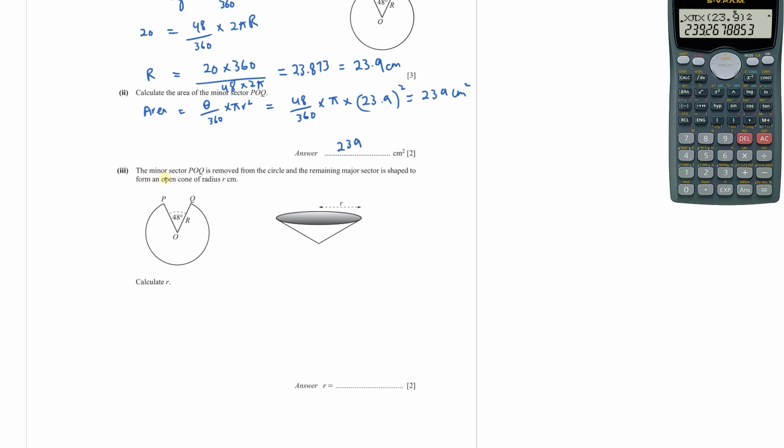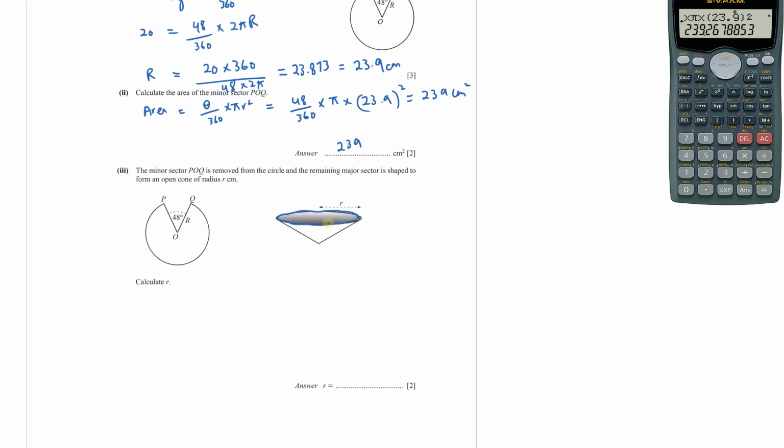The next part is the minor sector POQ is removed from the circle and the remaining major sector is shaped to form an open cone of radius small r centimeter. Calculate this small r. If you look at the circular base of the cone, this is the circumference of this circular base.